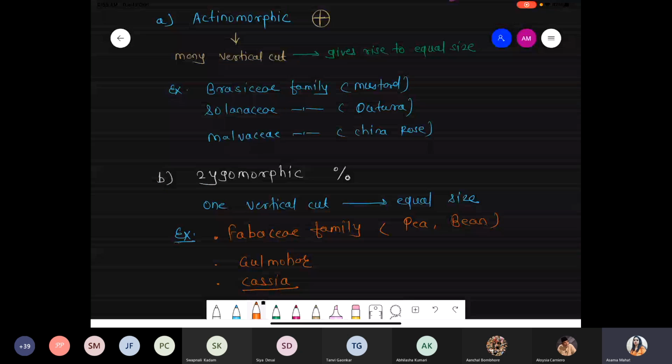Last one, asymmetrical flower. Asymmetrical flower means what? उसको कितना भी divide करो, कैसे भी divide करो, but it is not divided into two equal halves. That's what is called as the asymmetrical. Last point, asymmetrical flower.